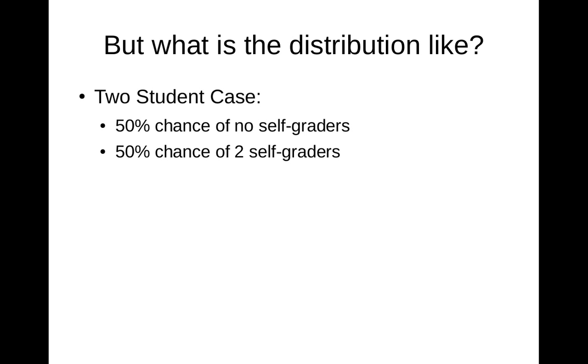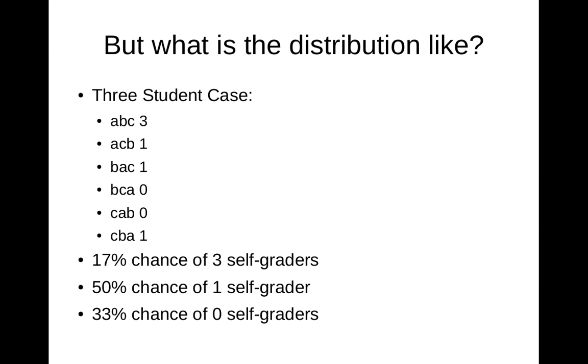If there's 2 students, you can either keep your own papers or swap, and there's a 50-50 chance of randomly having either situation. That's easy. For 3 students, I'm going to assume the students are named A, B, and C. Then there are 6 ways of handing the papers back, and if you hand them back in sequence, everybody grades their own paper, and there's a 17% chance of that happening.